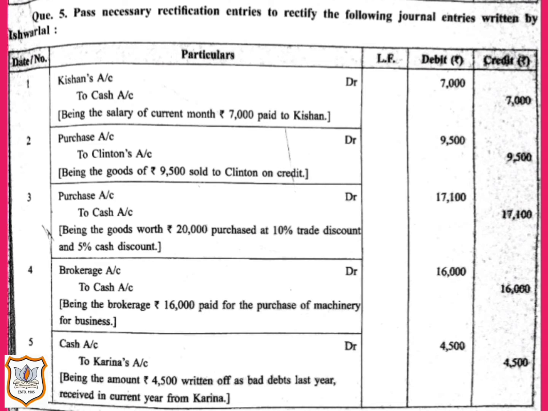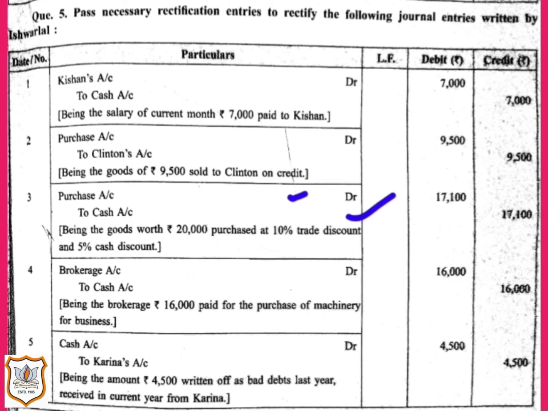Here it is, journal entry number 3rd. Here purchase account is debited by rupees 17,100 and cash account is credited by rupees 17,100. And in narration it is given that being the goods worth rupees 20,000 purchased at 10% trade discount and 5% cash discount.